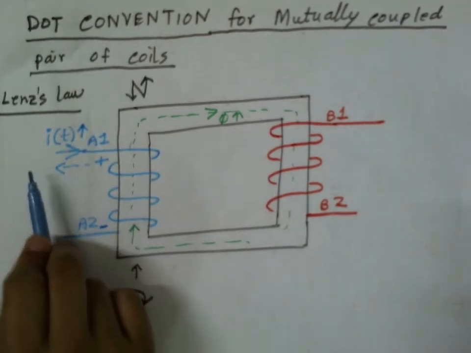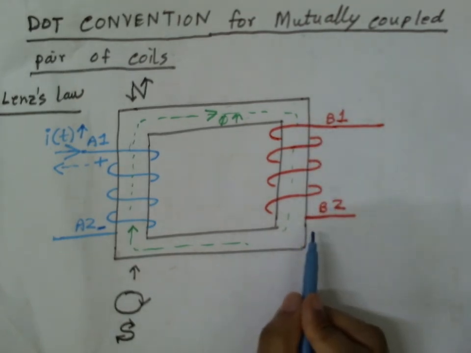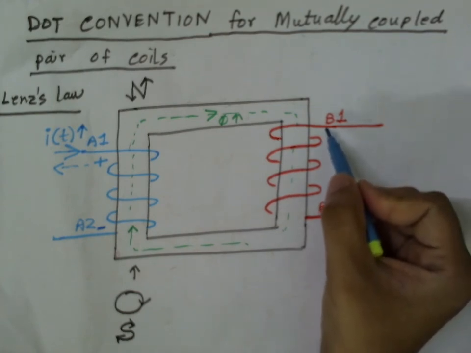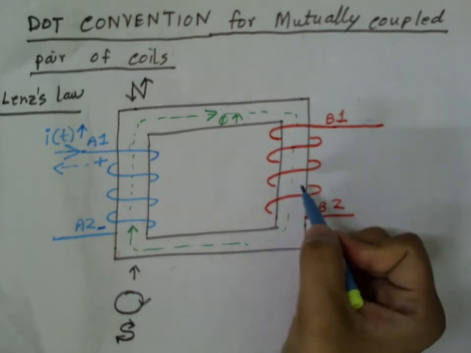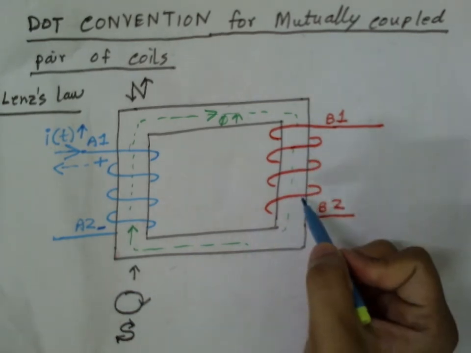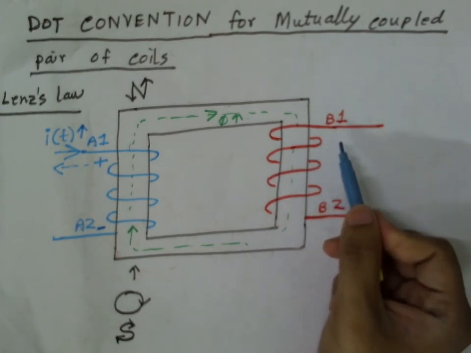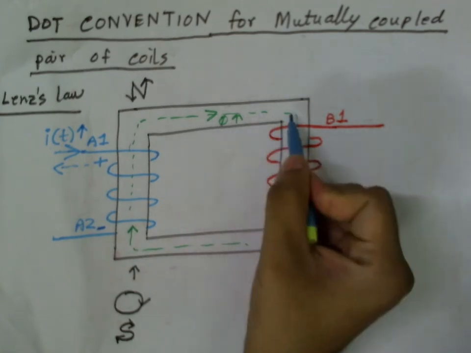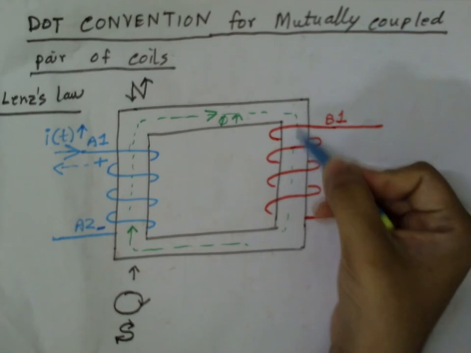Now we can apply Lenz's law again for this coil to determine what will be the polarities of the induced EMF in this coil. In this coil, once again, the EMF should be in such a direction that it tries to reduce this flux, or in other words, it tries to generate a flux in the opposite direction.